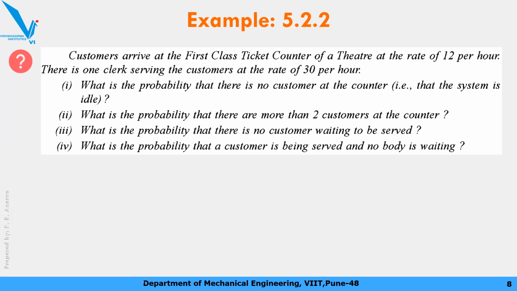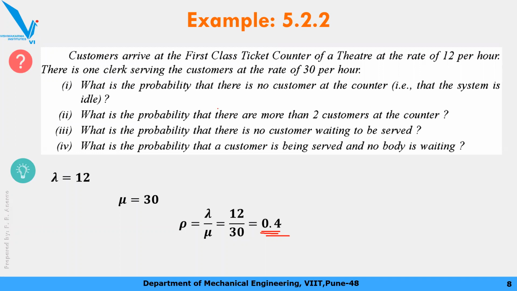So as soon as you read this, calculate lambda and mu, and then go and calculate the utilization factor. आगे का part बाद में देखते हैं. So calculate rho, lambda by mu, that is 12 divided by 30, so 0.4. So 40% utilization of that clerk or that ticket counter. Okay, understood?